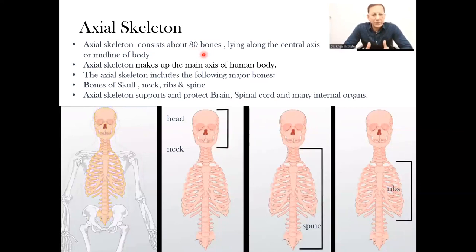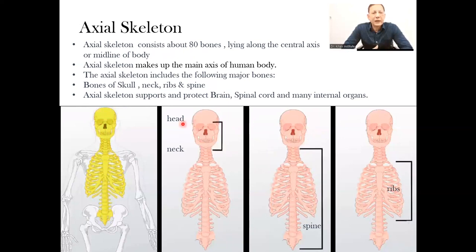The axial skeleton bones mainly are the head bones or the skull bones, the bones in the neck, the spine or the vertebral column, and the ribs, also called the thoracic cage.